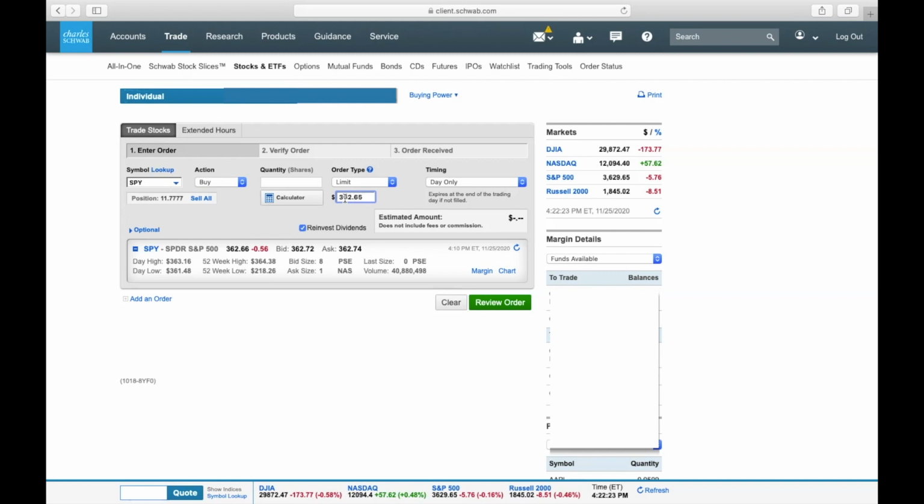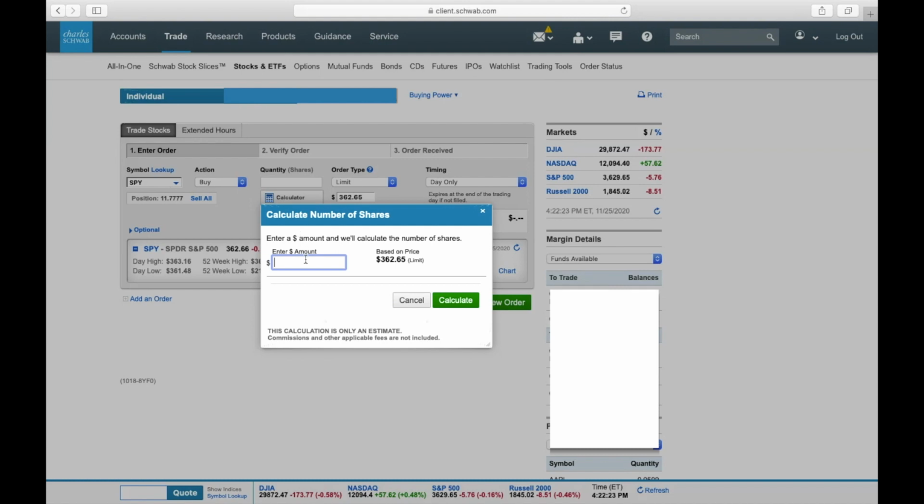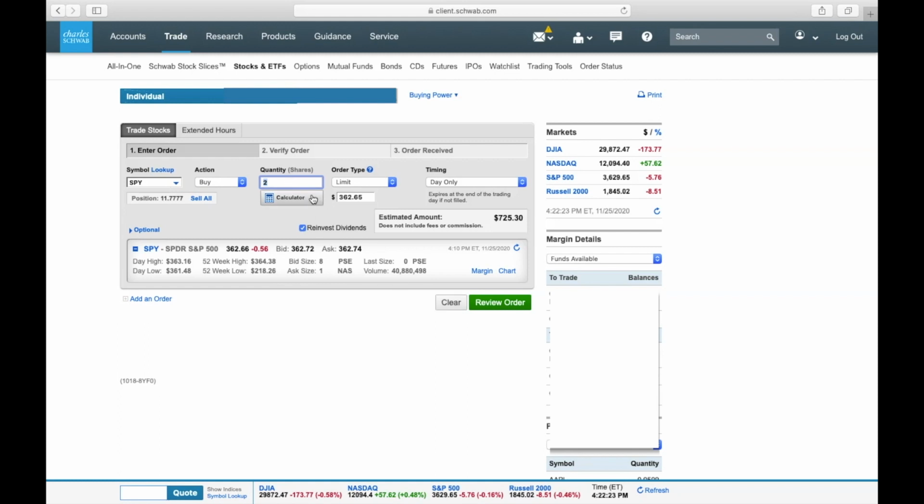Okay? You don't want your limit order to go too far below the market, because you may not get hit. So, calculator, say I have $1,000 that I want to spend on this today. Calculate it. It says, okay, at a price of $362.65, you're able to buy 2 shares. I'm going to say, let's do this for today only again.